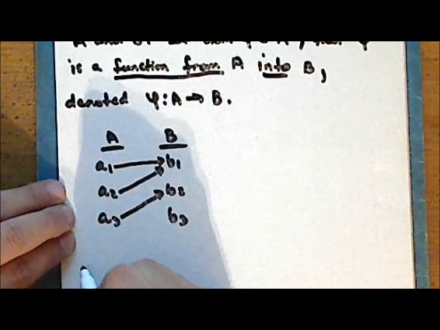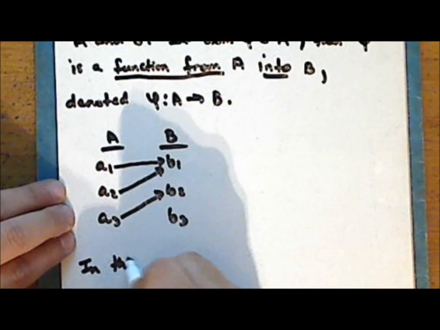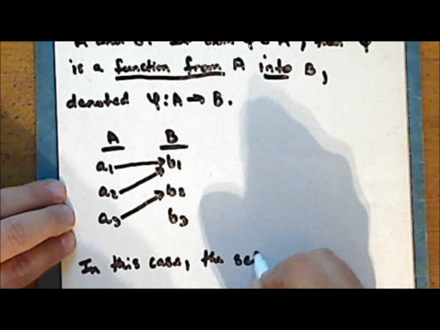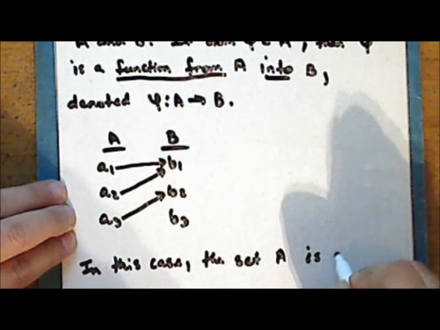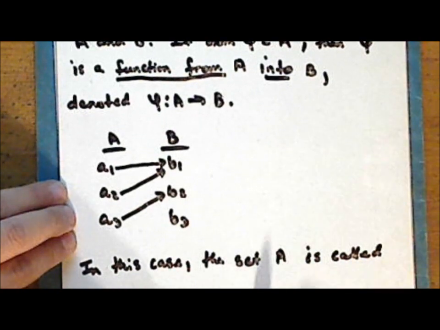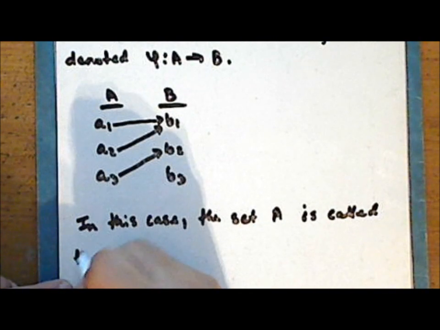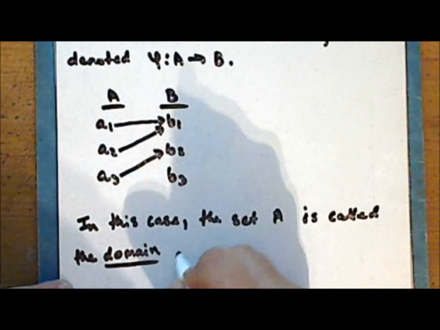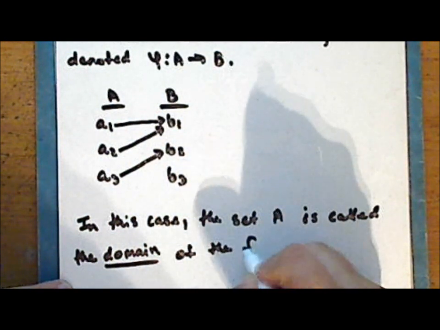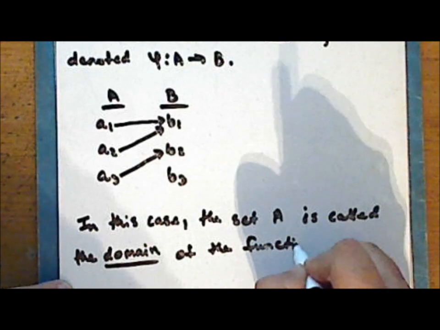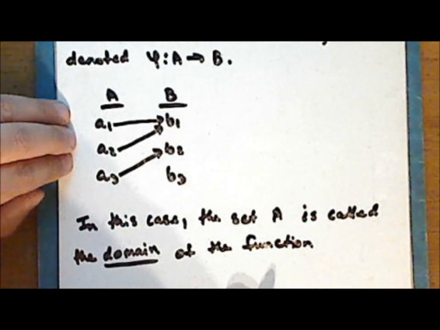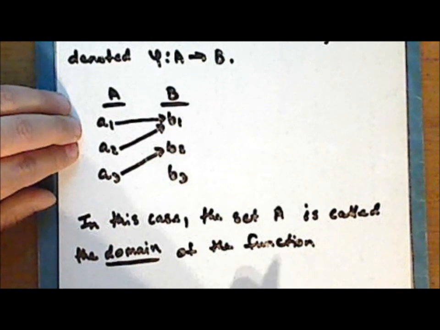And in this case, the set A is called the domain of the function, since we are requiring that the domain of the function be the entire first set.